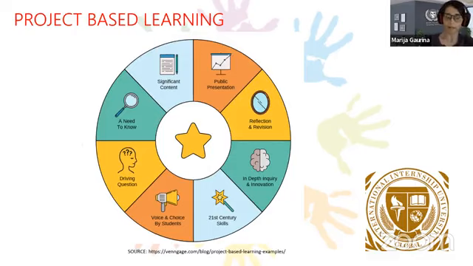It emphasizes real-world problem solving and encourages students to take ownership of their learning, and this is a very important part of project-based learning.